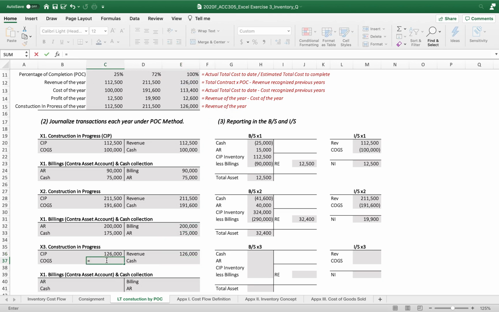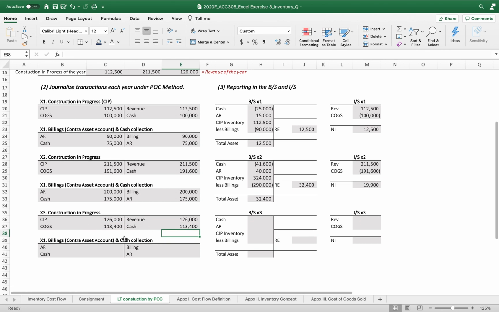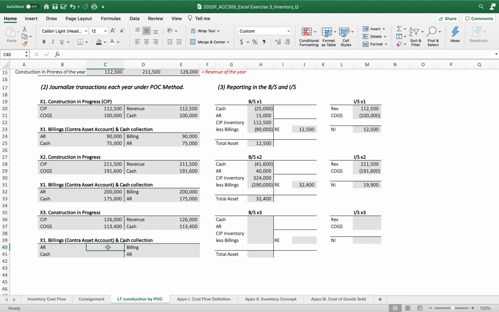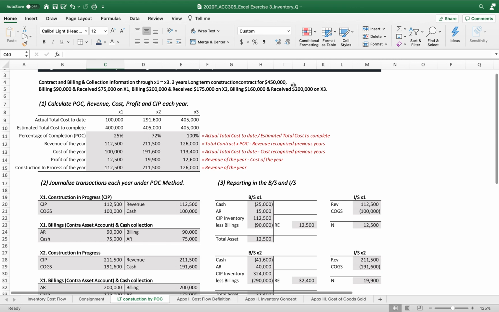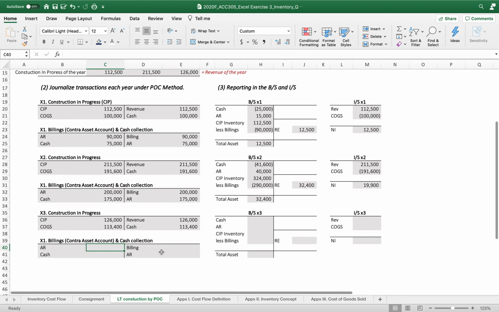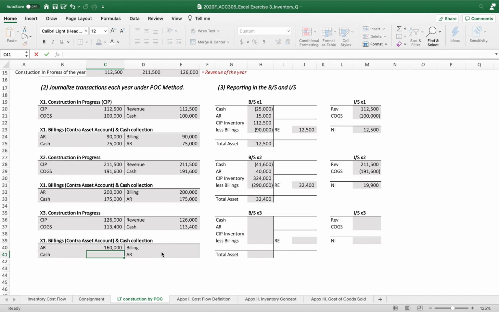Then cost of goods sold is the cost of that year, and then the cash balances out exactly the same as cost of goods sold, because the company assumed that they spent this cost of goods sold in the third year. Then AR, how much was the AR in the third year? 160,000, and received $200,000, so 160,000.